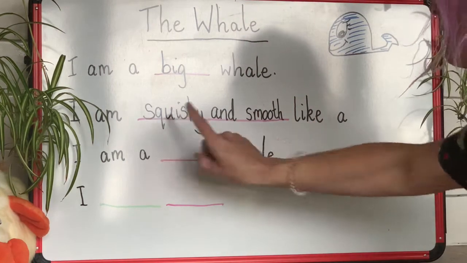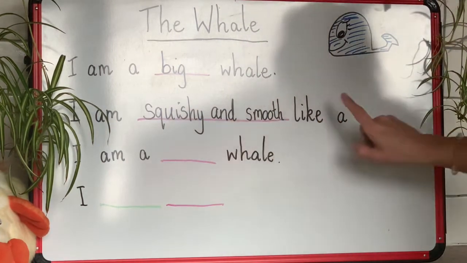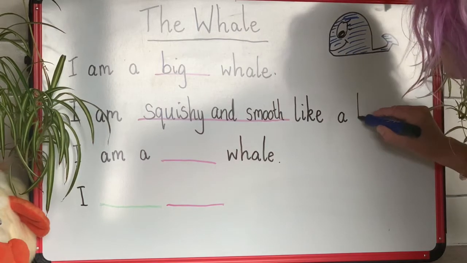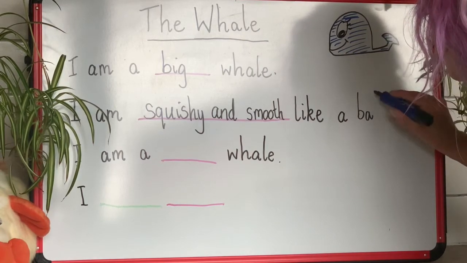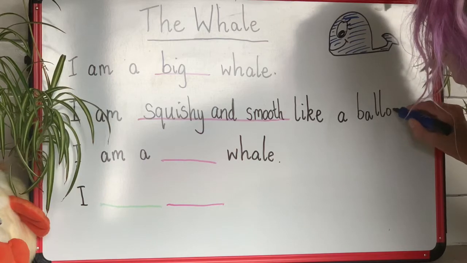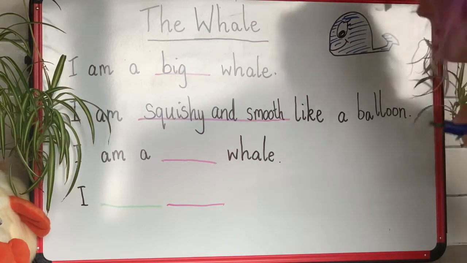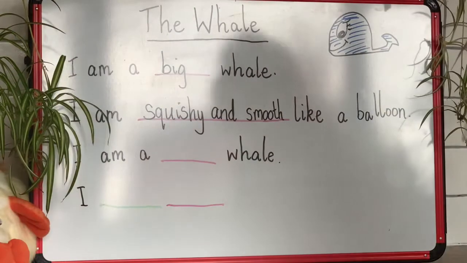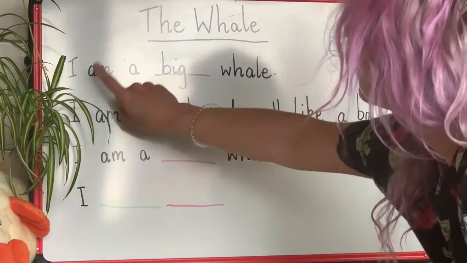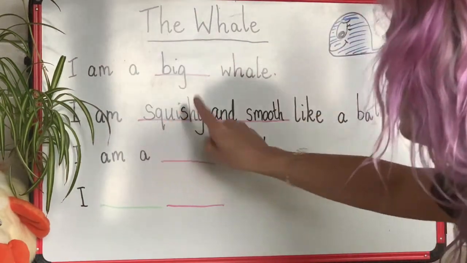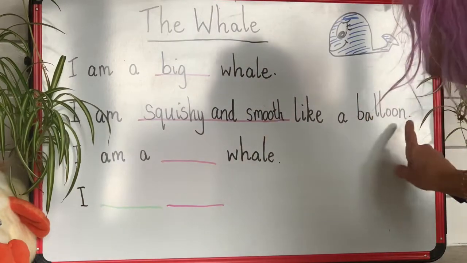I am squishy and smooth like a, I'm going to use the word balloon. Oh yeah. I've never felt a whale, but I think if I did, it would feel a little bit like a rubbery, soft, squishy balloon. Right, let's read it back so far. I have got, I am a big whale. I am squishy and smooth like a balloon.